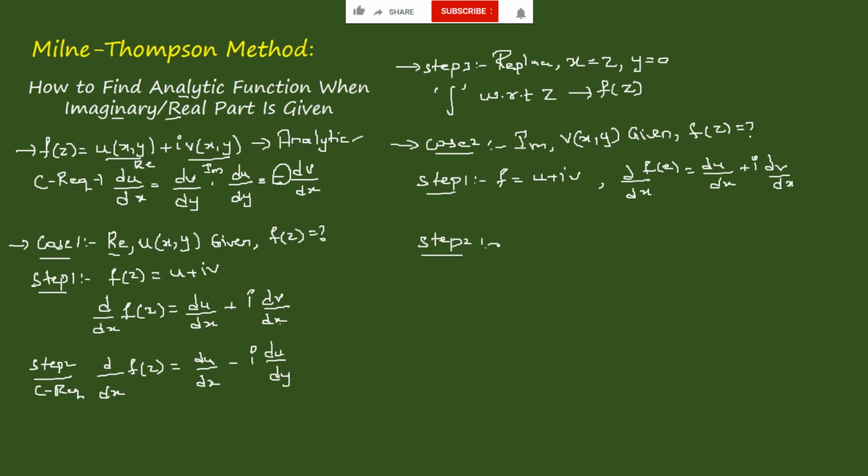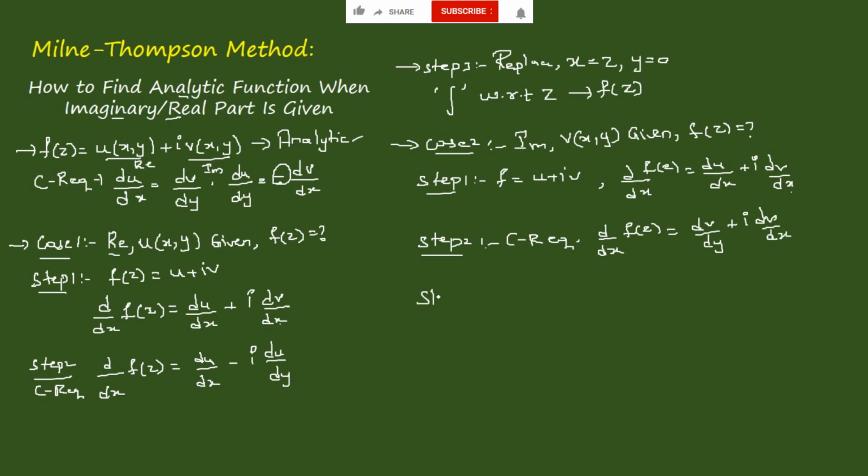Now coming to step 2. In step 2, we use the CR equation. We know the value of dv by dx, but we don't know the value of du by dx, but we know that du by dx is equal to dv by dy. So we get d by dx f of z is equal to dv by dy plus i into dv by dx, right?